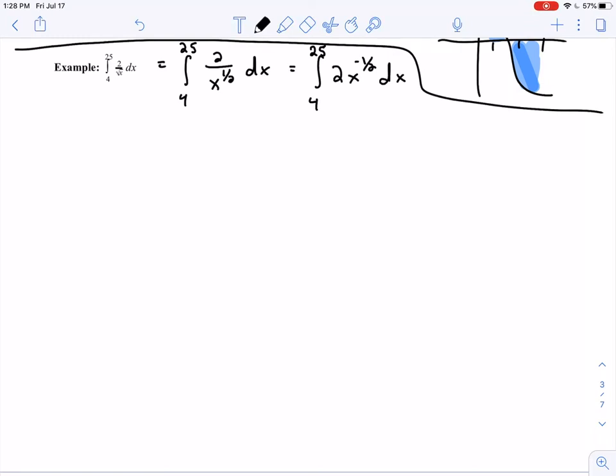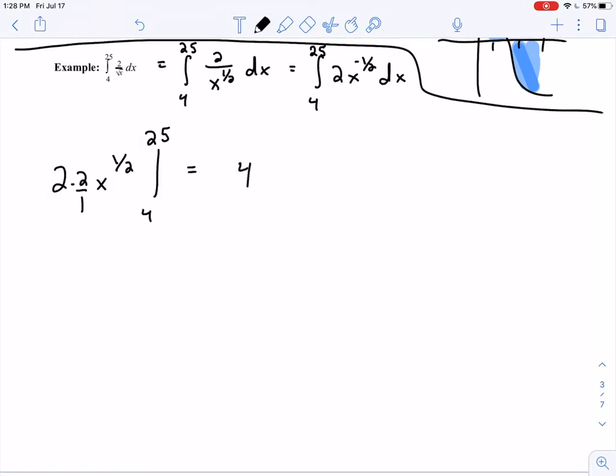So all right, now we can go ahead and find our antiderivative. I'm going to add 1 to my power, so I should have a positive 1/2. And rather than divide by my power in this case, I'm going to multiply by the reciprocal, which would be 2 over 1. And then evaluate that at 25 and at 4. Actually, let's just simplify this.